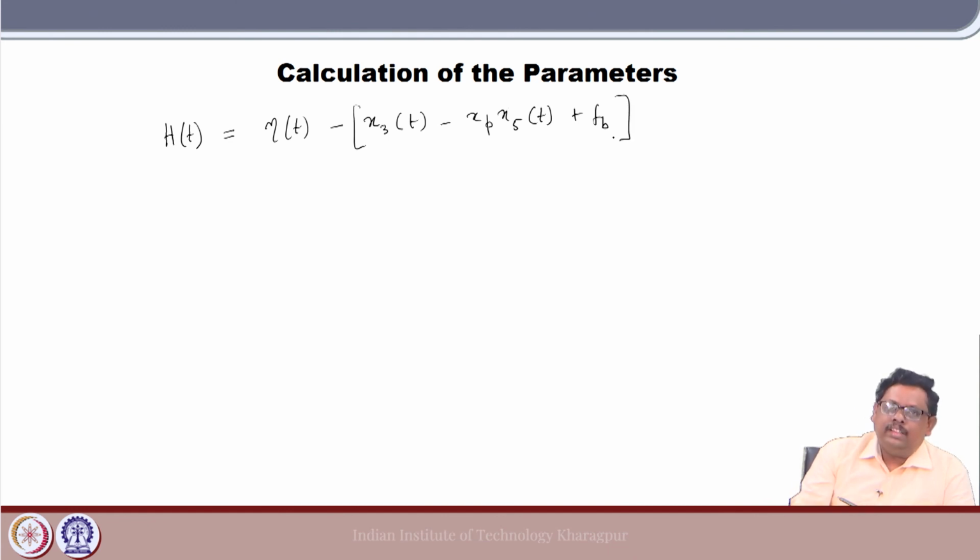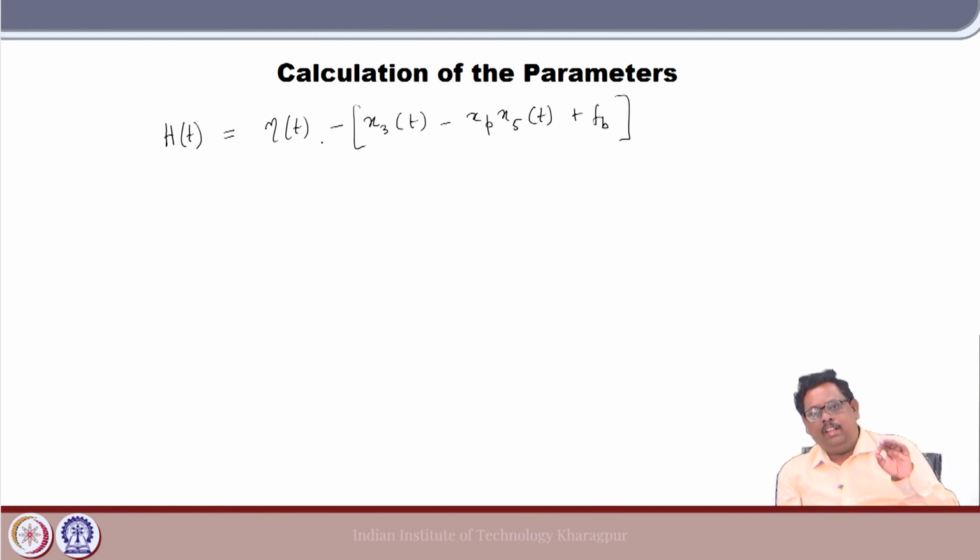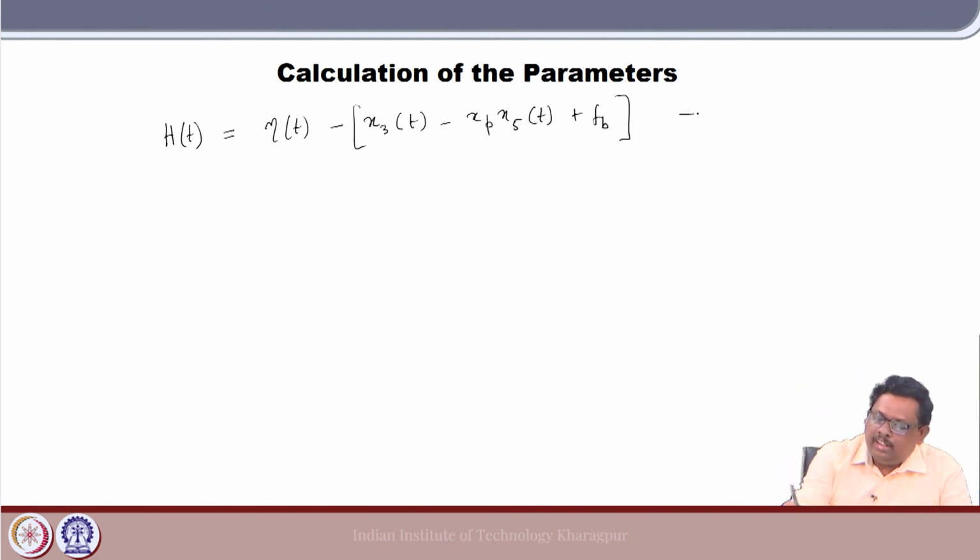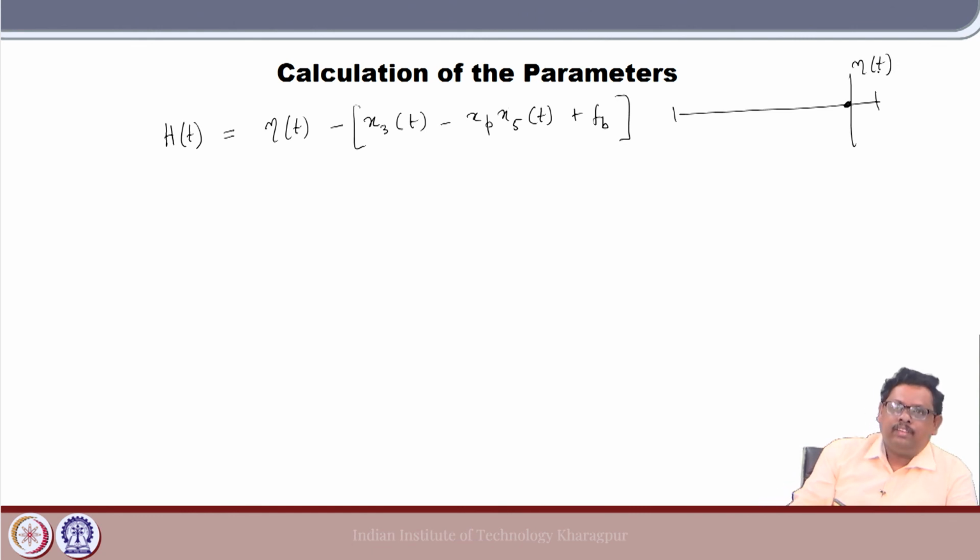Now, I know the expression for eta, but you have to find the eta at that particular point. If I draw the main deck, and this is my point of interest, at this point I need to know my eta t.